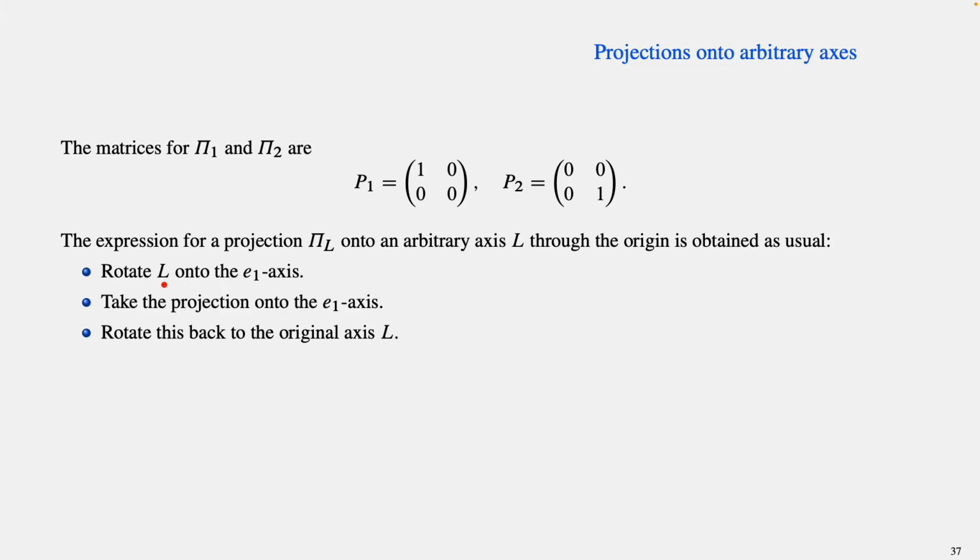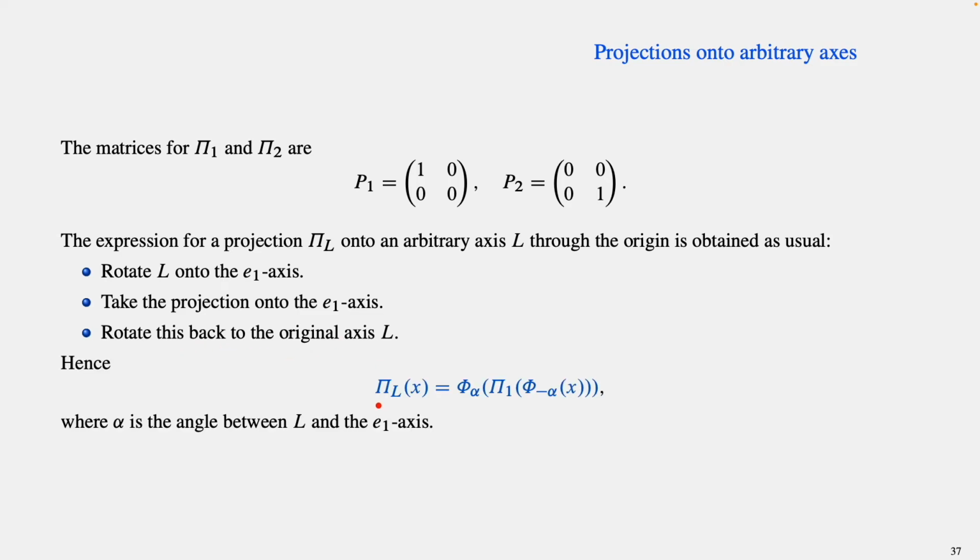We rotate this axis onto the first coordinate axis, then we take the projection onto the first coordinate axis and then rotate back to the original axis L. So the projection onto an arbitrary axis L is given by the composition of the rotation by minus alpha, the projection onto the first coordinate axis, and the rotation by plus alpha, if alpha is the angle between our axis L and the first coordinate axis.